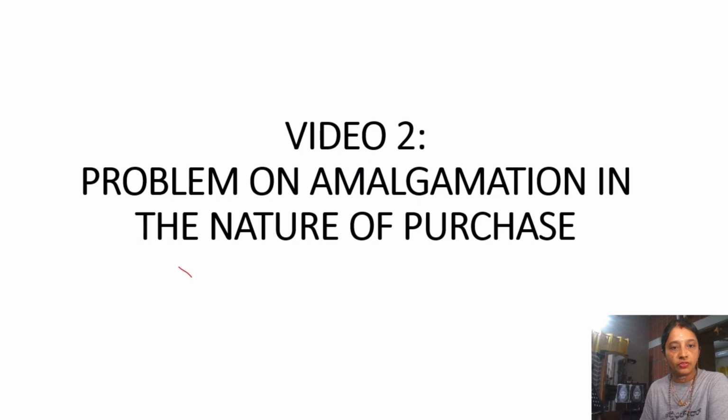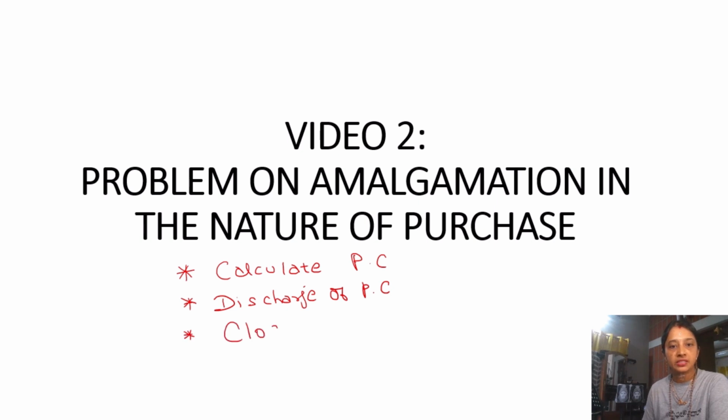So we will follow these steps. Step 1, we calculate purchase consideration. Step 2, discharge of purchase consideration. Step 3, we pass closing entries in the books of transferor companies, because the transferor companies are closing down.